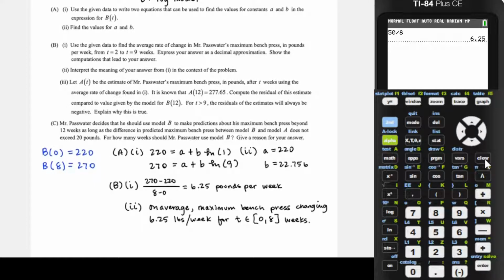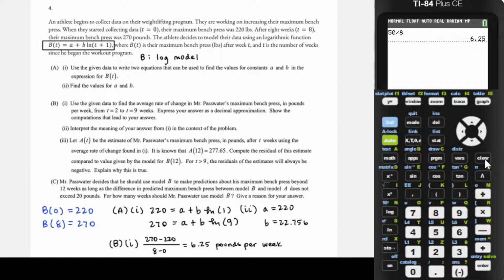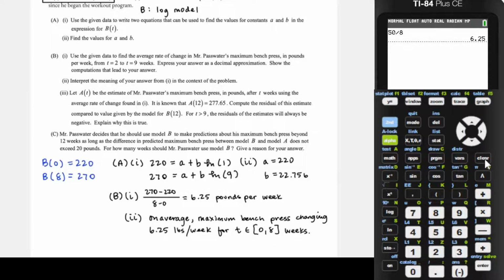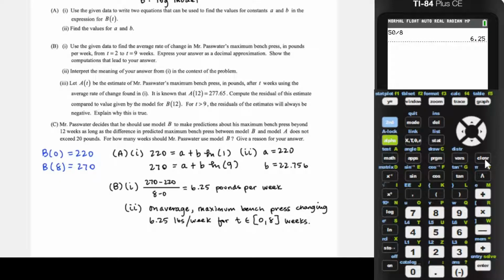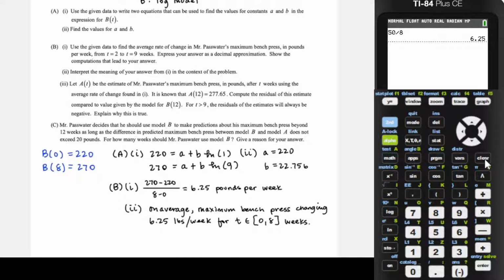Estimates. Okay, what I don't understand is which one's actual, right? Because residual is actual minus predicted. All right, I'm just going to assume that the actual is B from the model, because the residual of this estimate, so this estimate is going to be the prediction.